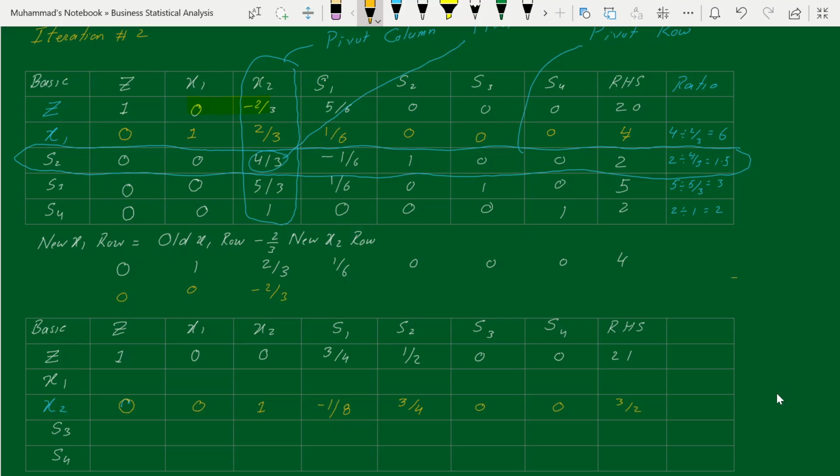Minus 2 by 3 multiplied by minus 1 by 8 is plus 1 by 12.